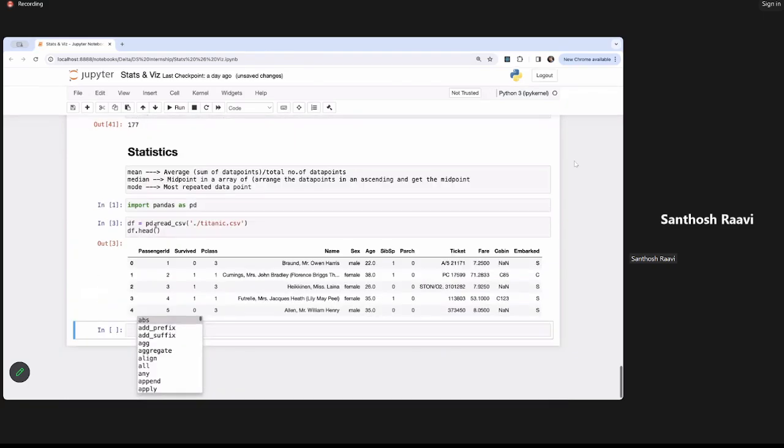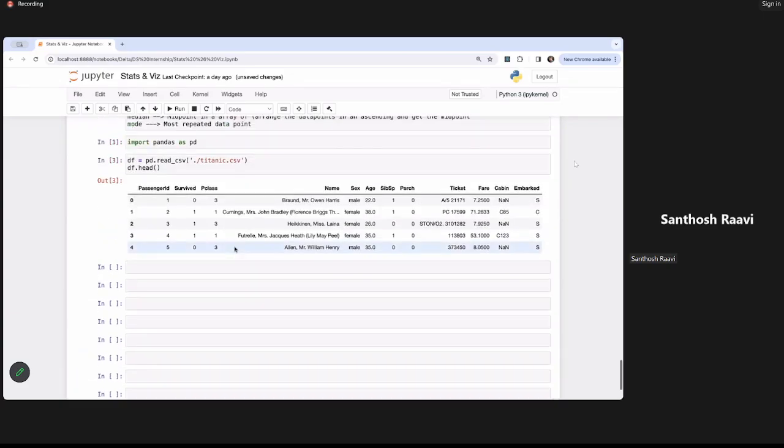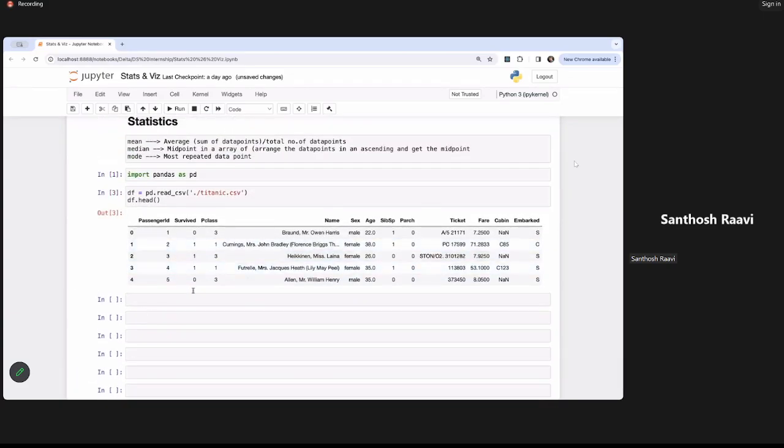Now we have the functions in pandas, even in numpy. There is no need of remembering all these things. The manual calculations are not necessary. Directly you can use those functions and you can do the calculations basically.